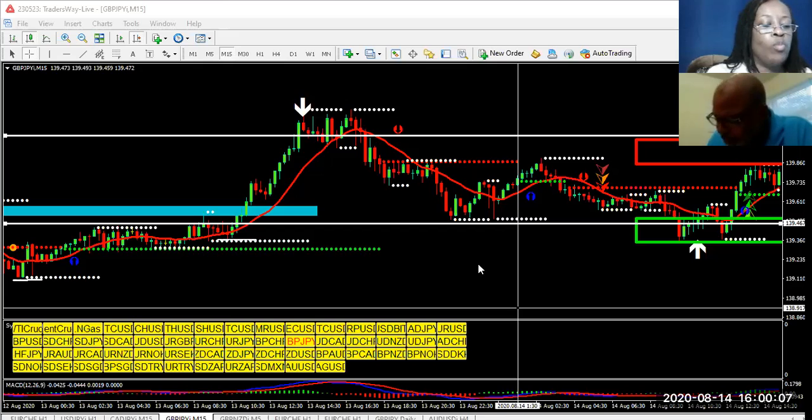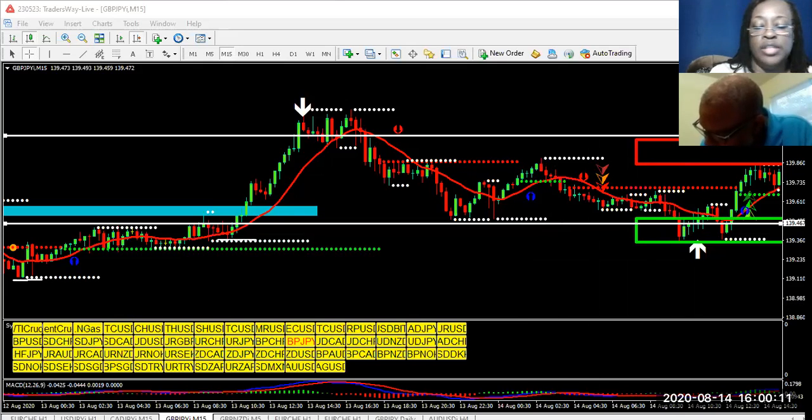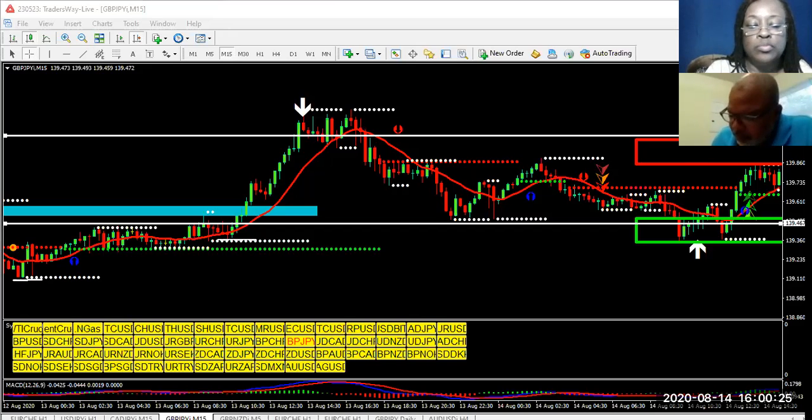But take the trend line out of the equation. I'm going to call it the conservative trade plan. All right, got that one. And the answer to that is yes.